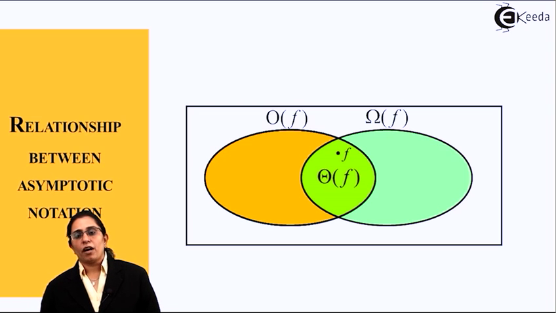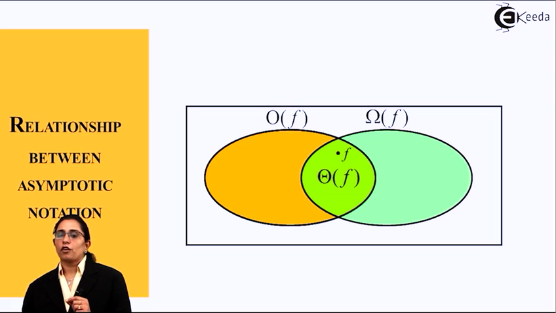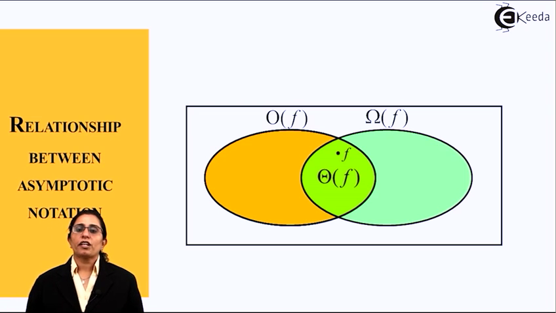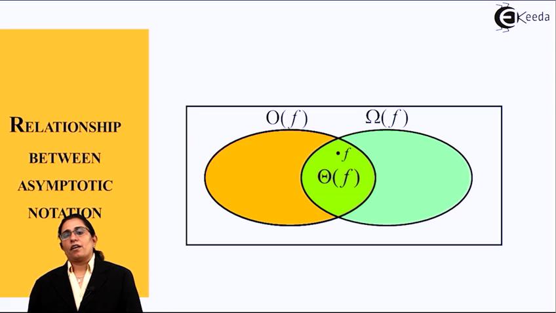So the center part of it is known as a tight bound for asymptotic notation. This represents a very clear picture of how asymptotic notations are bound by the boundaries with each other. Thank you.